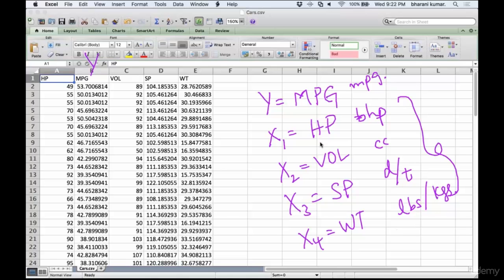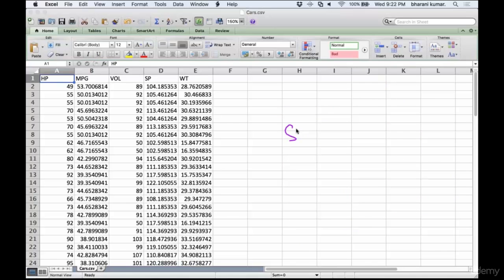How can you combine all these things? It will become kind of a mixture, and we do not want a mixture. Hence, it makes sense for us to standardize all the units.